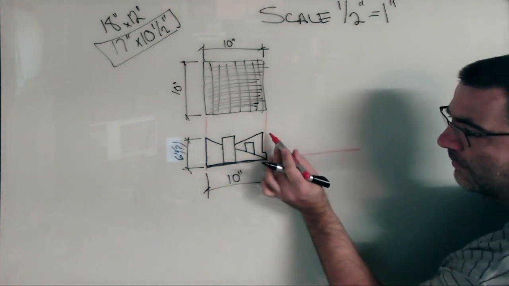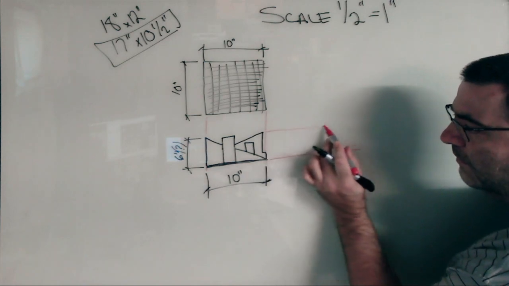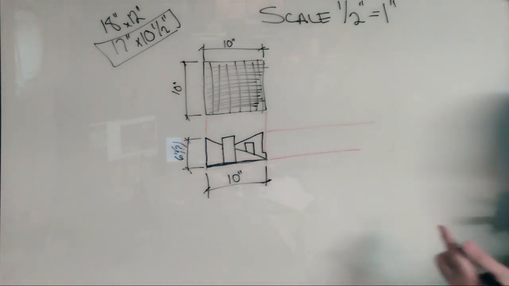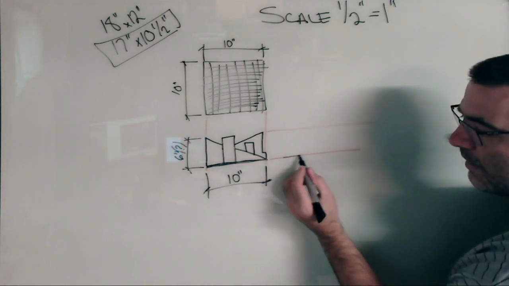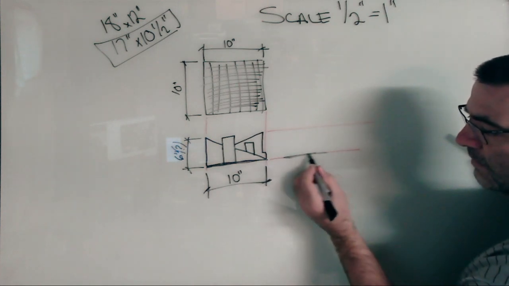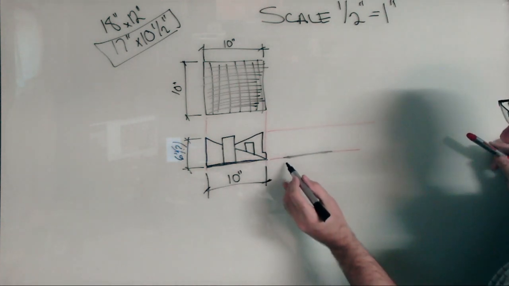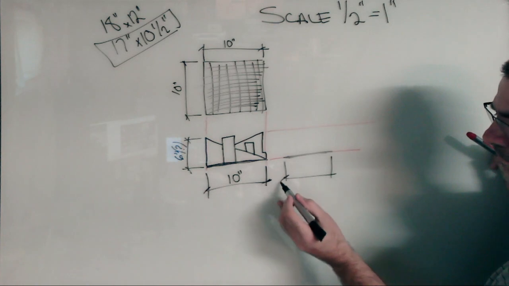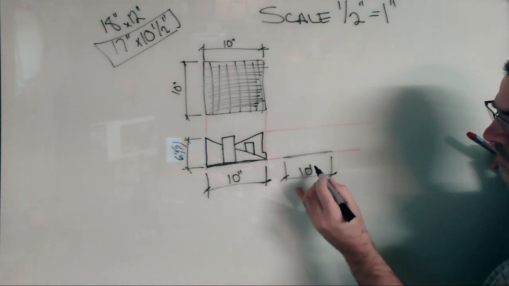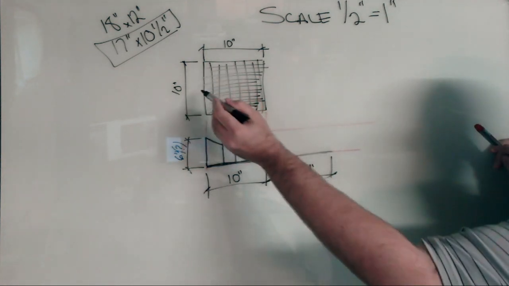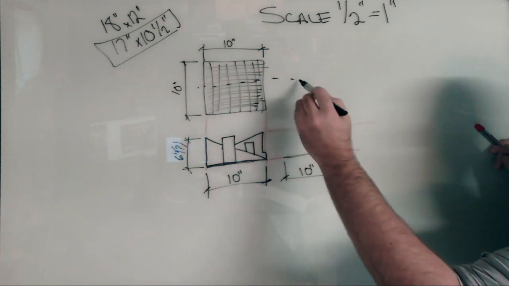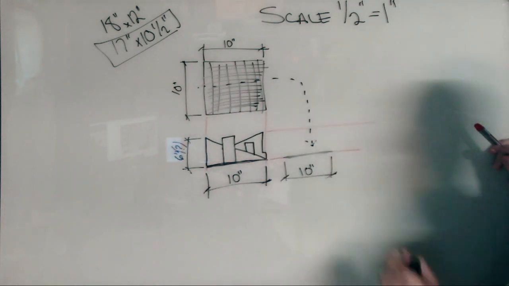Projection lines come over. Projection lines come over. And another constant is we know how wide this is. And we're going to pull that from here, because remember, this dimension is the same as that dimension.